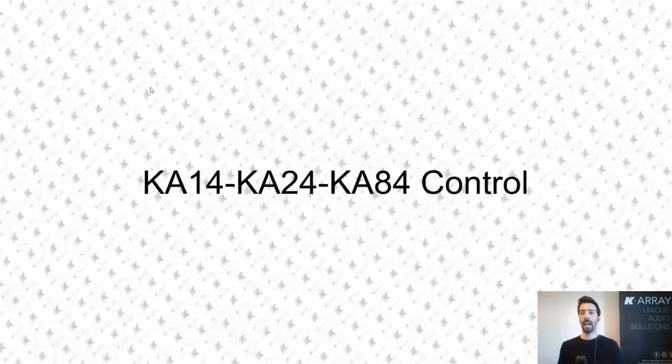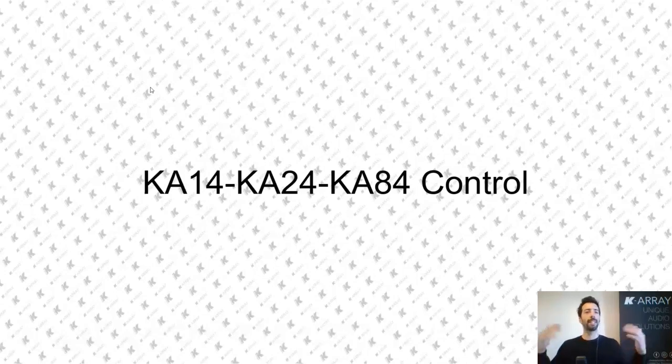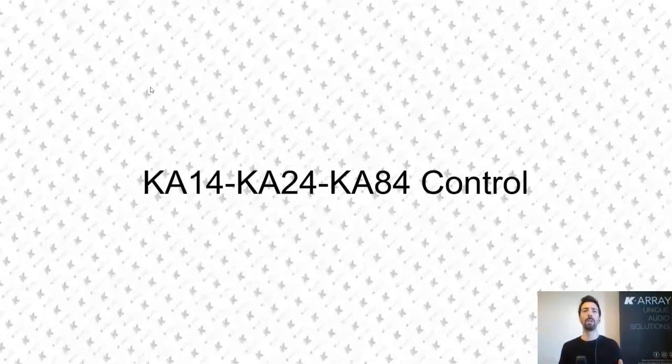And I want to start from the rack amplifiers, KA14, 24, and 84. And then in the next hour, we will move to the K802 amplifier, okay? Just to give you an idea of the structure of today's session.